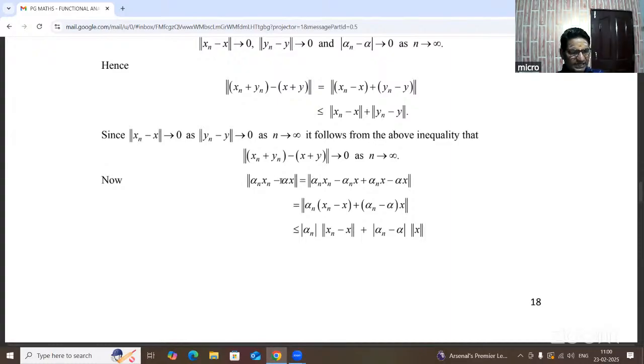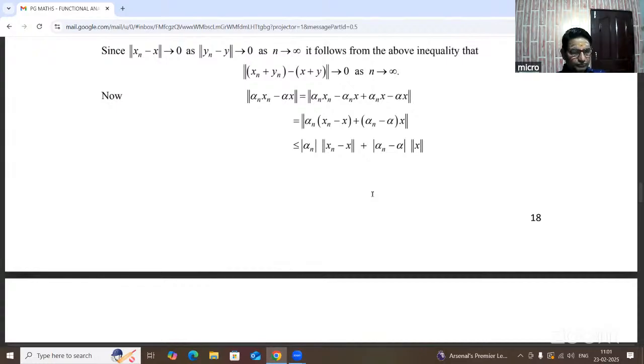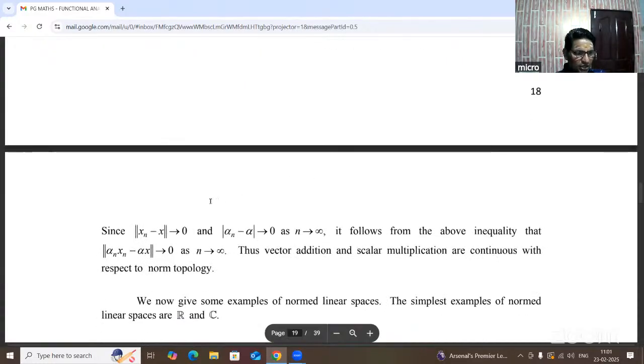Alpha n xn minus alpha x can also be written by adding and subtracting alpha n x in between. Here alpha n is common: mod alpha n of norm xn minus x, plus mod alpha n minus alpha of norm x. Okay.